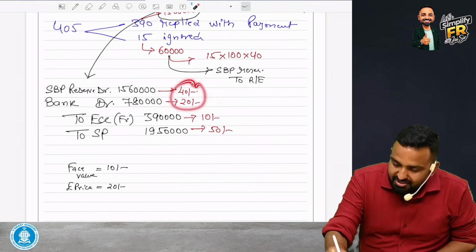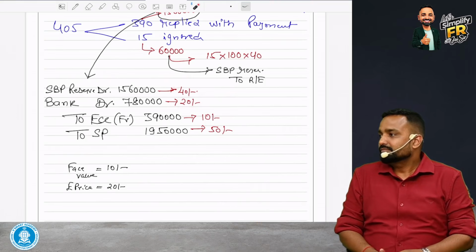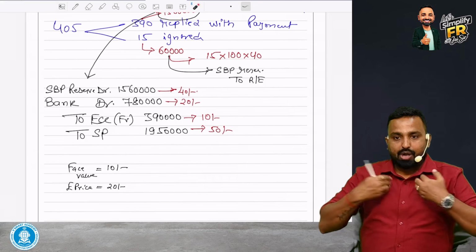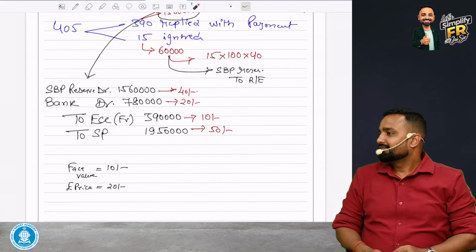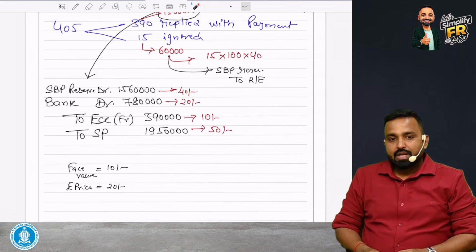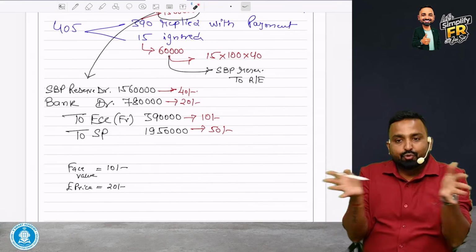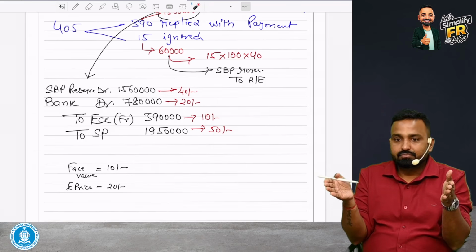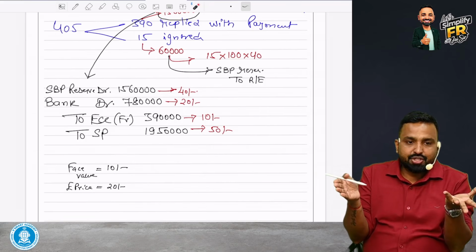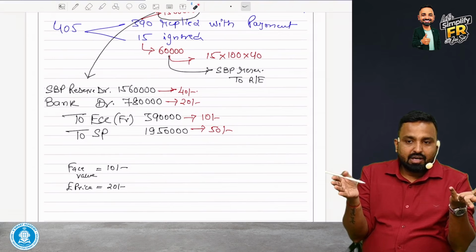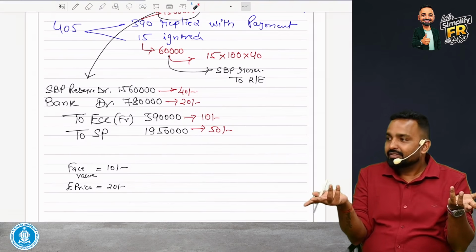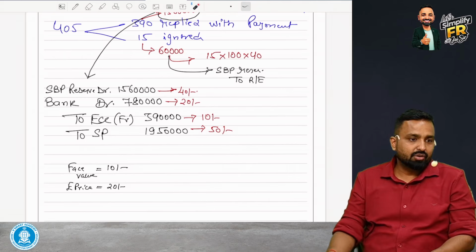So what is this 60? The value the company received from the employees. Understood or not? This value is received in two forms: one is cash and one is service, in kind.